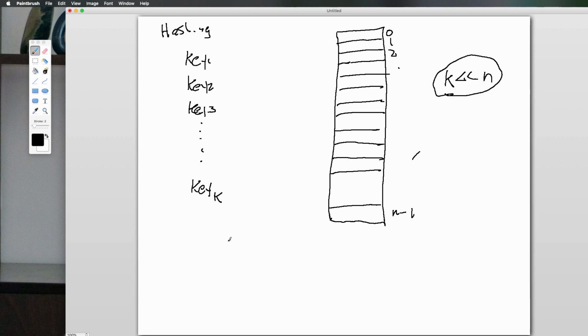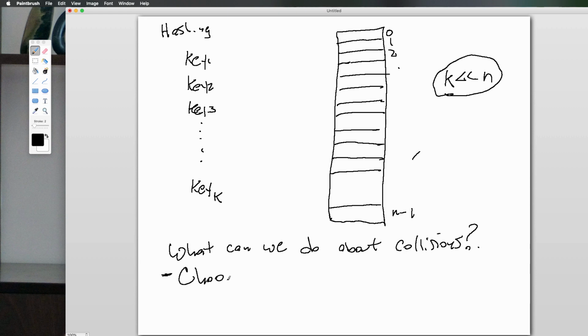Okay, so the question is, what can we do about collisions? One thing we can do is choose a good hash function.